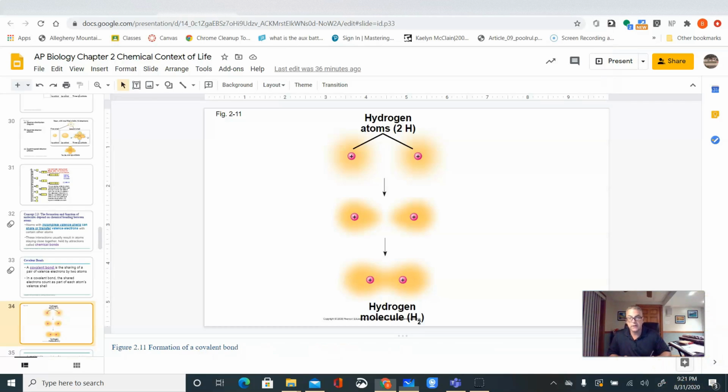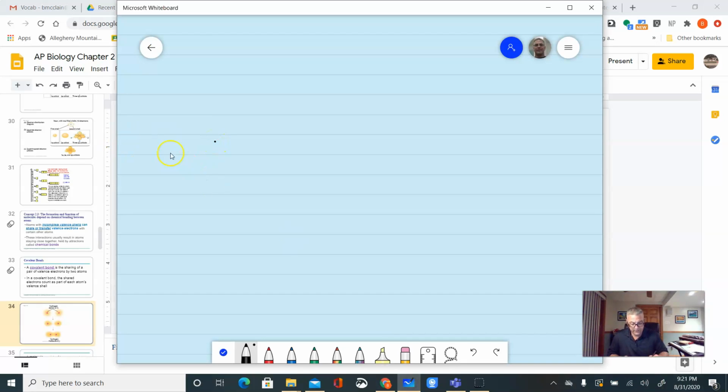So here is my one hydrogen, and this hydrogen has one valence electron, and we'll change the color up, and here's my other hydrogen, and this one also has a single valence electron. This one needs to gain or lose an electron, and this one needs to gain or lose an electron, or the other option is that they share. So if we bring these two together, it looks something like this.